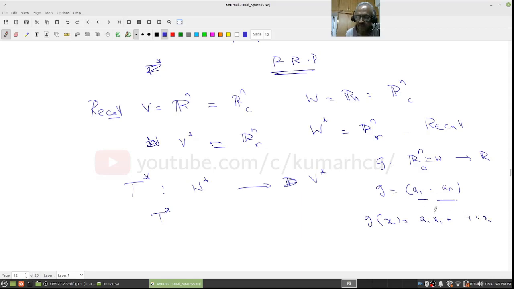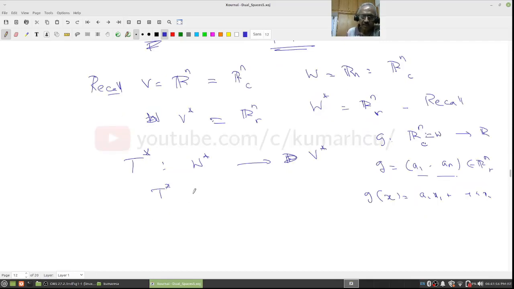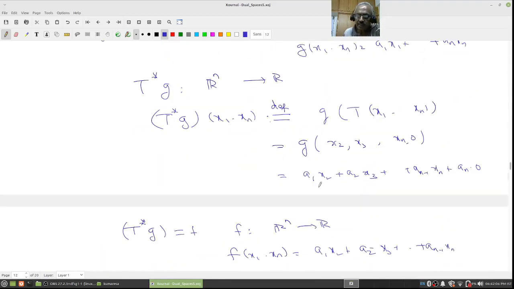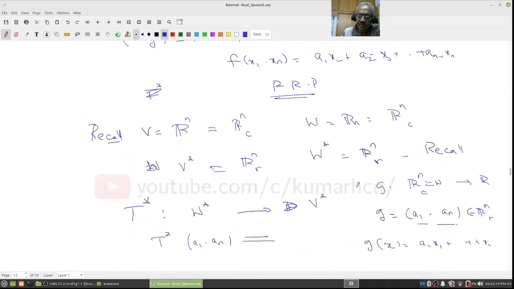Then this is what the identification is as a row vector. Right? Therefore this acting on a1, a2, an, now you see that that's going to be, it should act. Where does it act? Now you look at that. This is how it acts. Therefore it acts as a1, it acts as 0, a2, an.